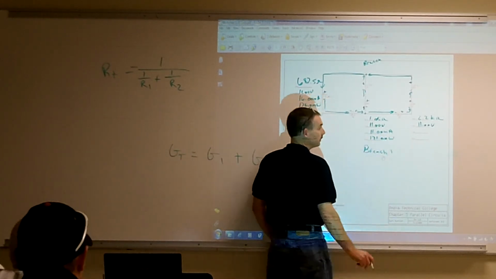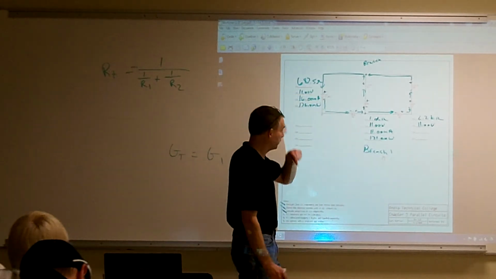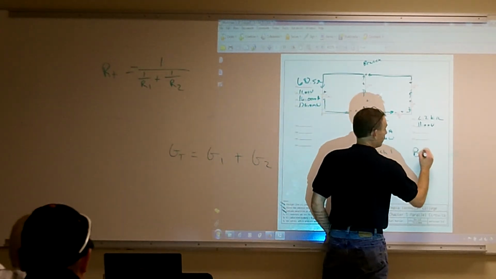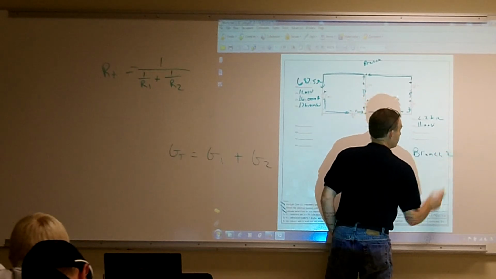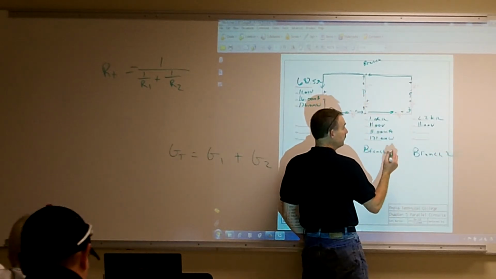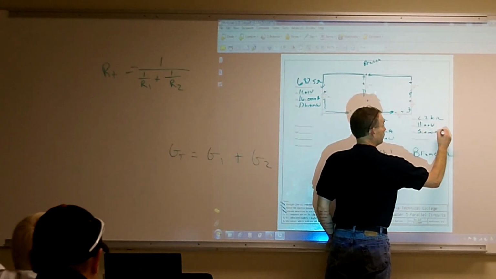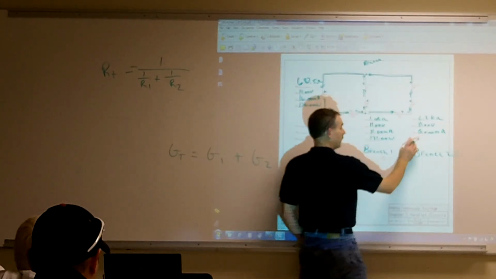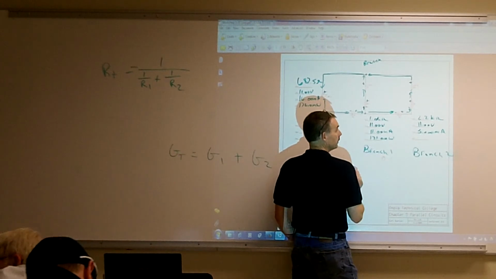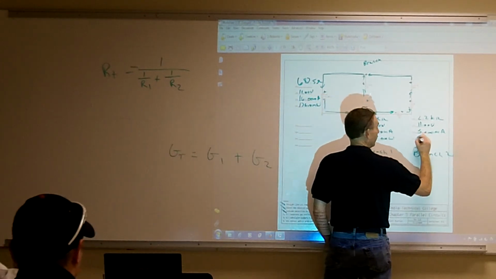Okay, then my current for branch 2? 5 milliamps. And then my power for branch 2? 55 milliwatts.